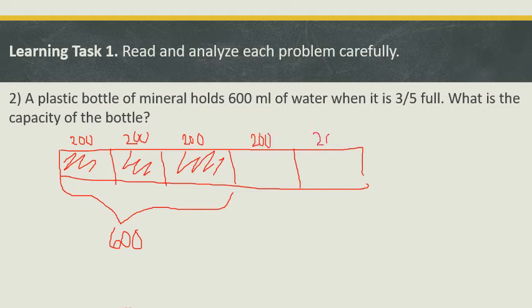So, bale, 5 200. So, ilan lahat yung 5 200? So, 200 times 5 is equivalent sa 1,000. So, ibig sabihin, ang plastic bottle ay naglalaman ng 1,000 milliliters or 1,000 ml of water.